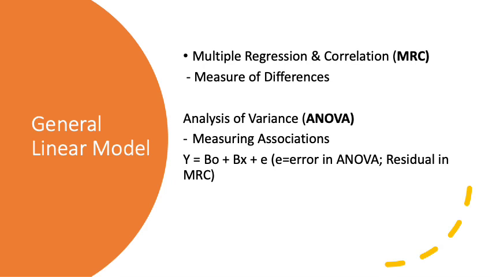Then plus E. In ANOVA, E stands for error. This comes from Platonic essentialism, the idea that perfection exists. So every residual is classified as error in ANOVA, and it stays as residuals in multiple regression.